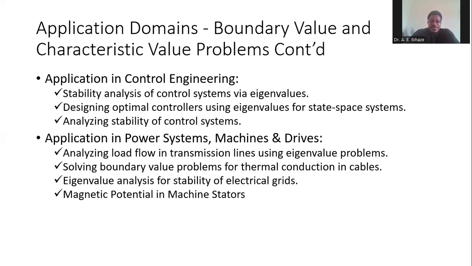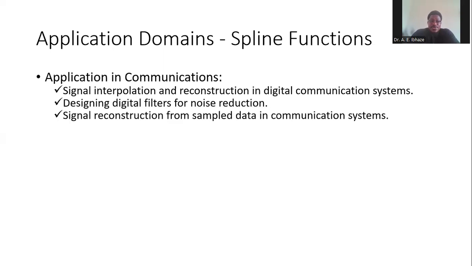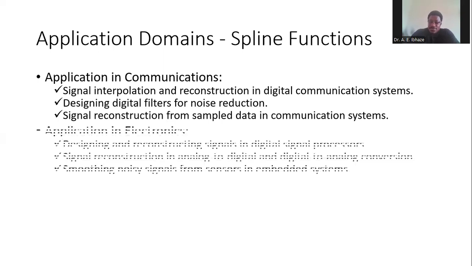Then we also have the eigenvalue analysis for the stability of electrical grids and the magnetic potential in machine stators. And then the spline functions are used in communication engineering for signal interpolation and reconstruction in digital communication systems, and then for designing digital filters for noise reduction, and also for signal reconstruction for sampled data in communication systems.